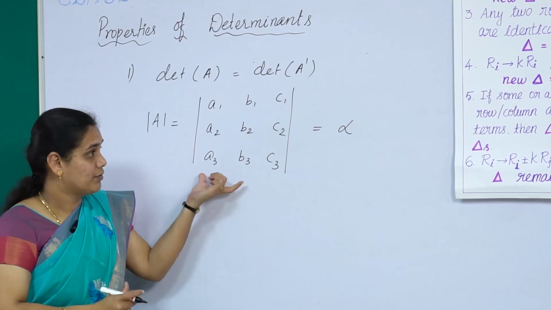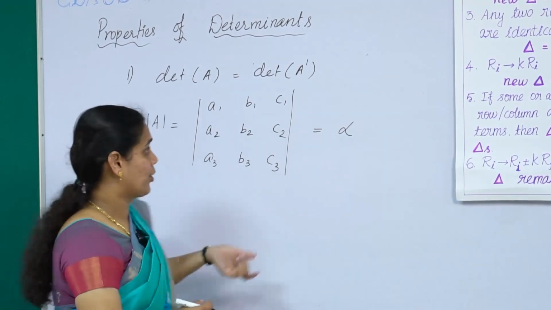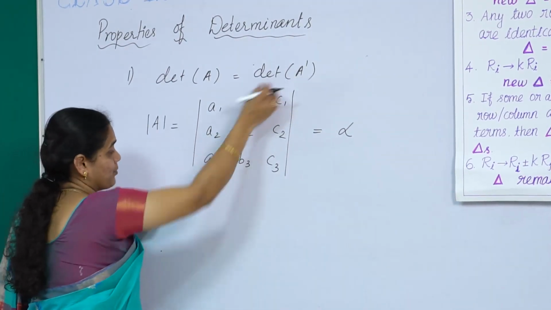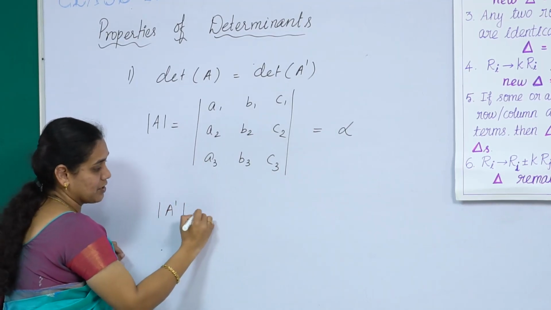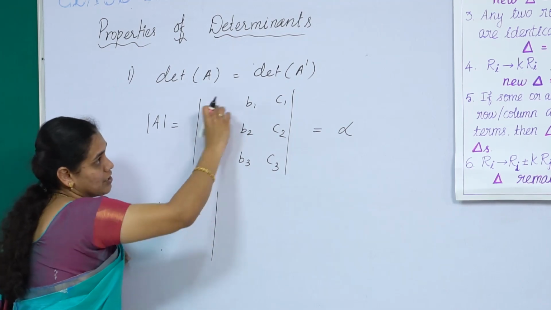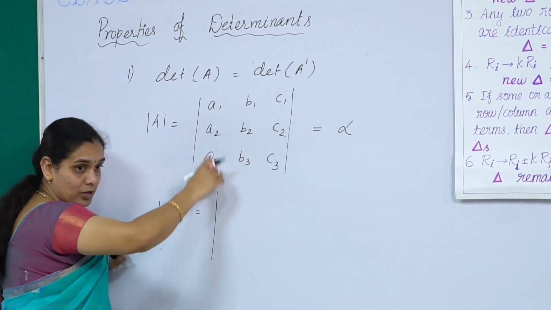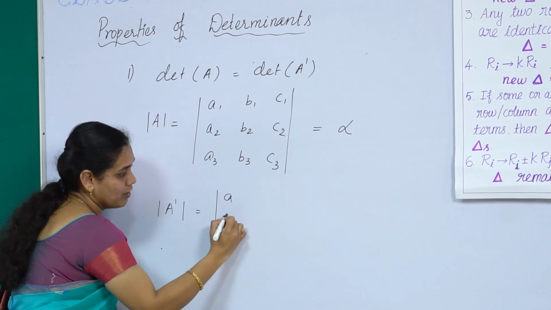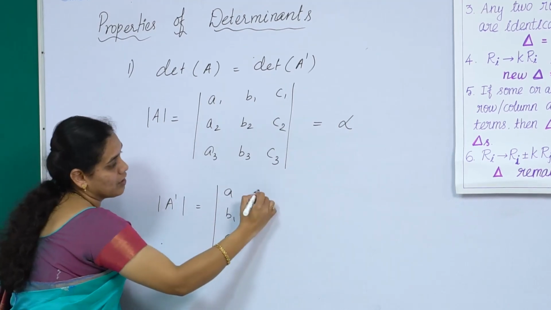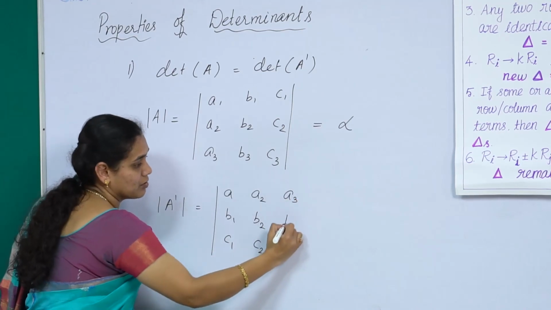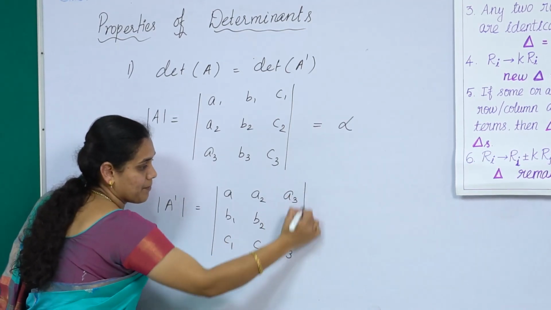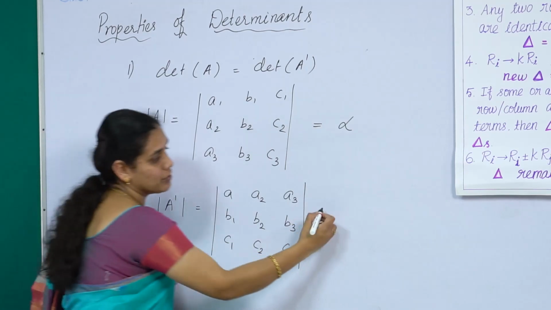Now we take the transpose for this matrix, that is determinant of A dash, that is changing the rows into columns and columns into rows. So A1, A2, A3, B1, B2, B3, C1, C2, C3. Then you evaluate, you will get the same alpha.